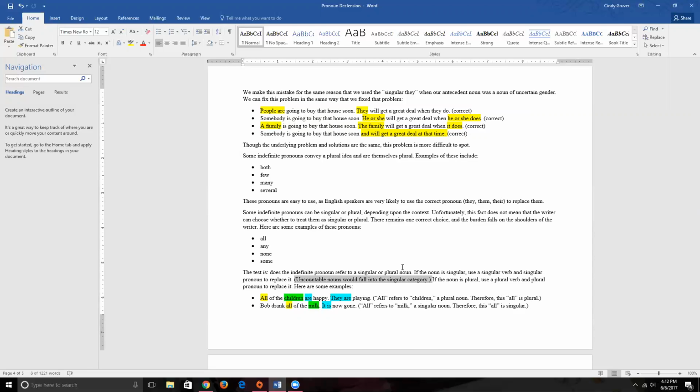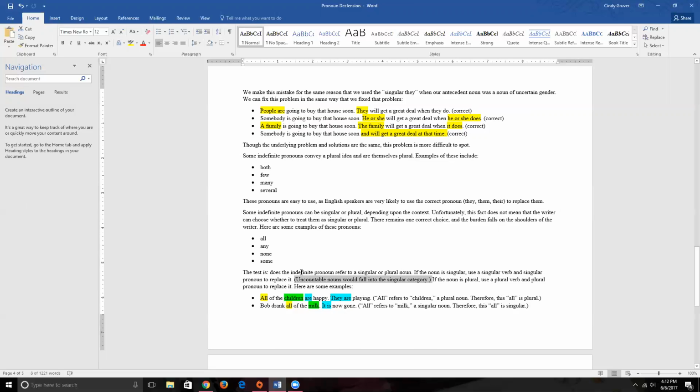No. If we were to say something like that, we're probably talking about 4 packets of salt. Maybe we went to McDonald's and we had those little bitty packets of salt. Salt in and of itself, we don't measure. We might say 4 teaspoons of salt or 4 packets of salt, but when we're talking about salt outside of a measurement system, we're always going to say salt is, sugar is, sand is, milk is.